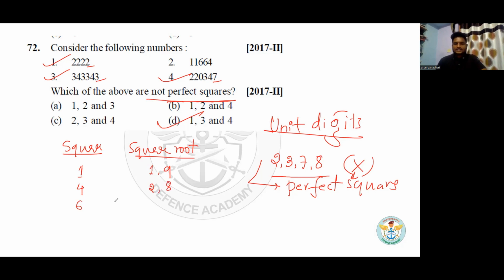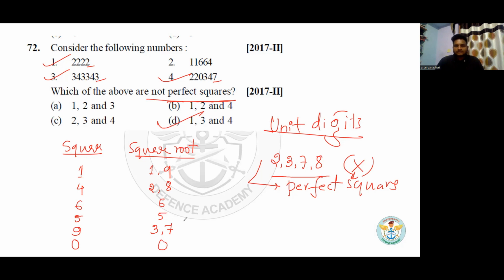If it is 6, then my option is 4 and 6. If it is 5, it will be 5. But if it is 9, what are my options? 3 and 7. 3 square is 9 and 7 square is 49. And if it is 0, my option will be 0. Understanding this?